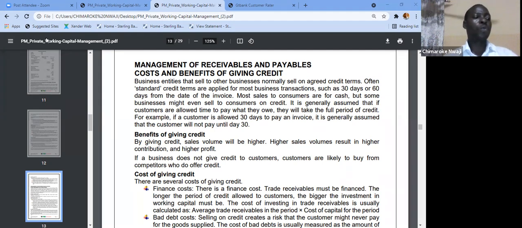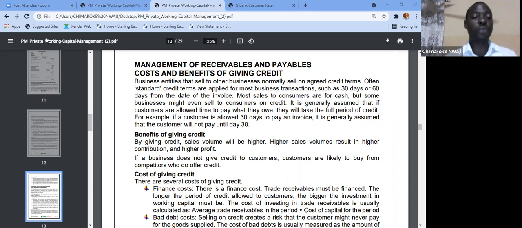Today, we'll be looking at management of receivables and payables. Now, when we talk about receivables and payables, we are talking about one person on the opposite side of the equation. So it means that if you give out goods on credit, you are a creditor, and the person owing you is a debtor.